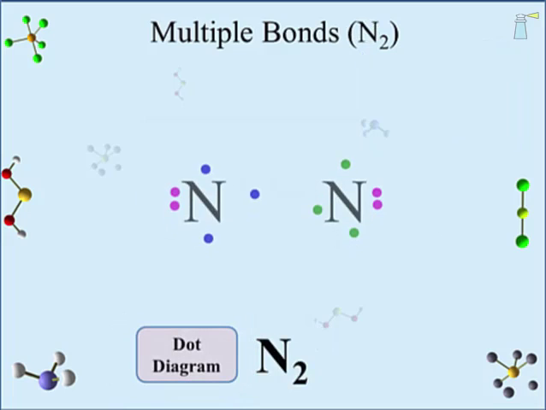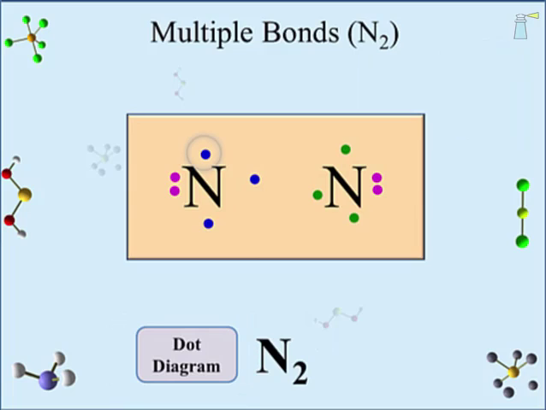A look at the dot diagrams of the nitrogen shows it to have 3 single unpaired valence electrons. That's a pretty good indicator that nitrogen is going to make 3 covalent bonds. As with the 2 atoms in molecular oxygen, the 2 atoms in N2 are going to have to be next to each other.